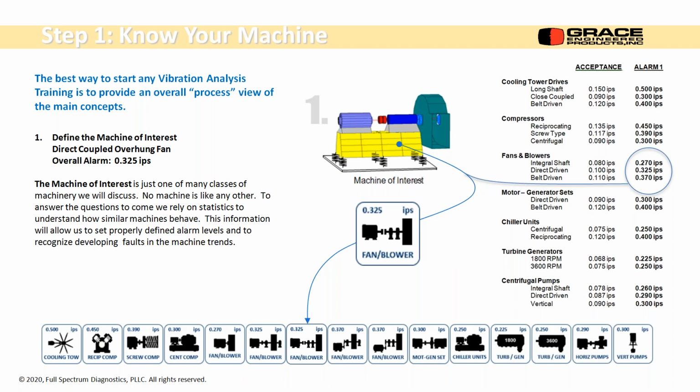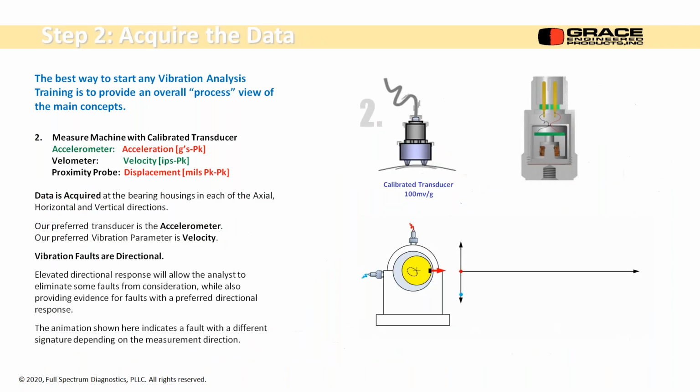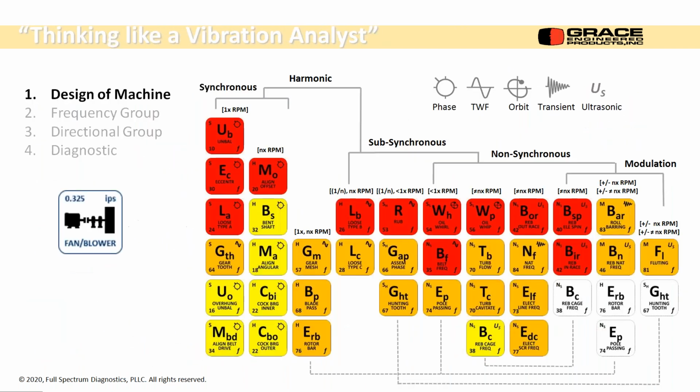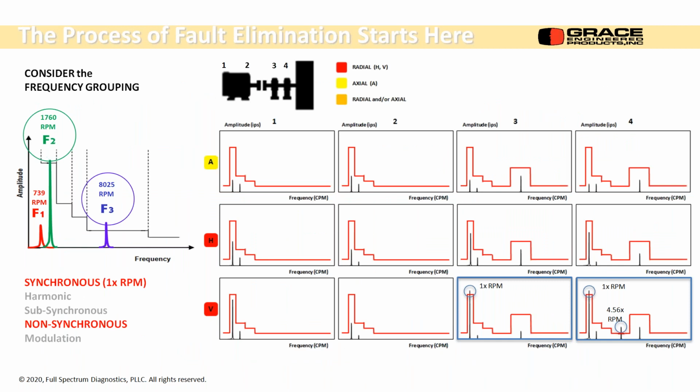From William: why are the alarm profiles different on the same machine depending on whether measuring the motor versus measuring the shaft bearings carrying the fan? The reason they're different is that positions 3 and 4 on the fan also have a potential to have a blade pass frequency.